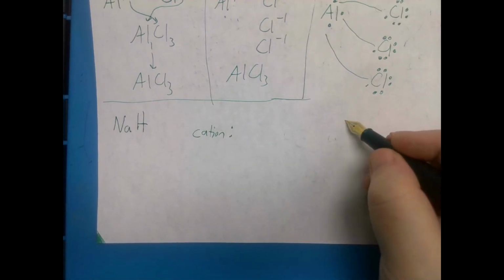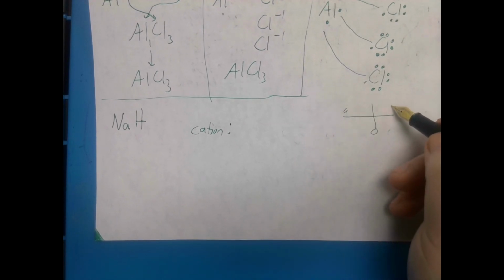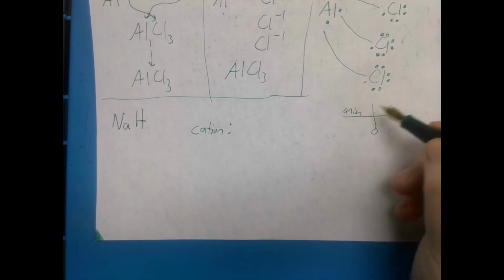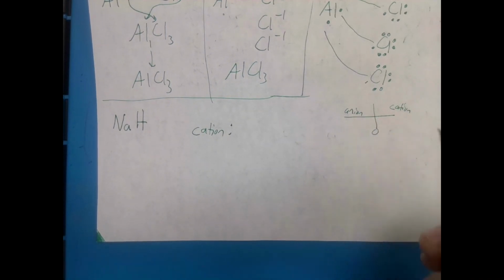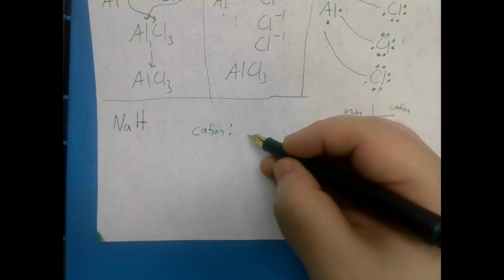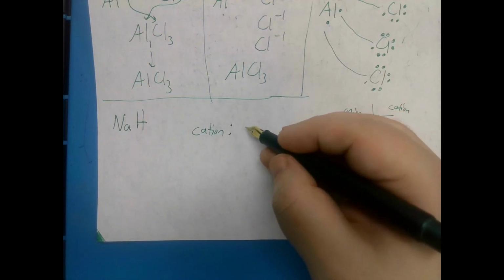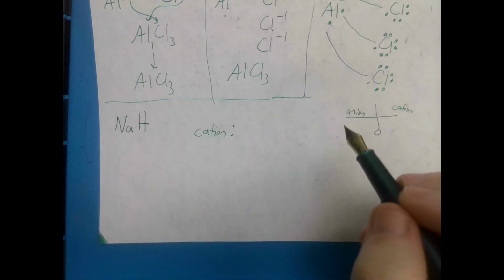If you put it on a number line, A becomes before C. So anion would be negative, cation, if you alphabetize it. So cation is the positive ion. What is the positive cation in NaH?